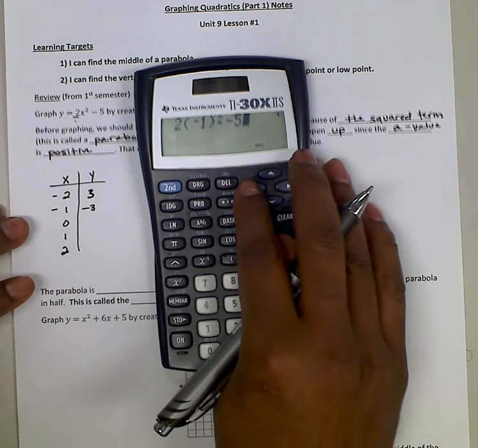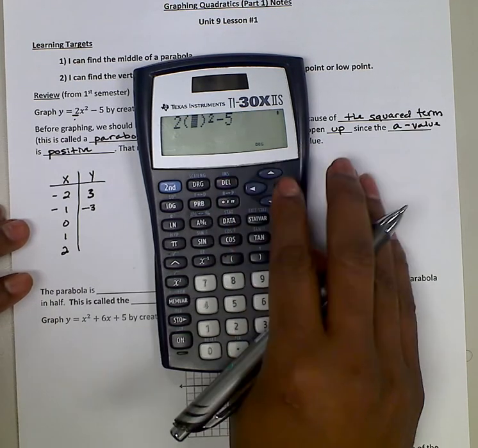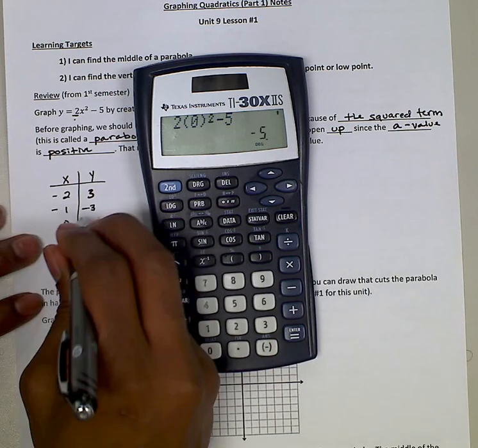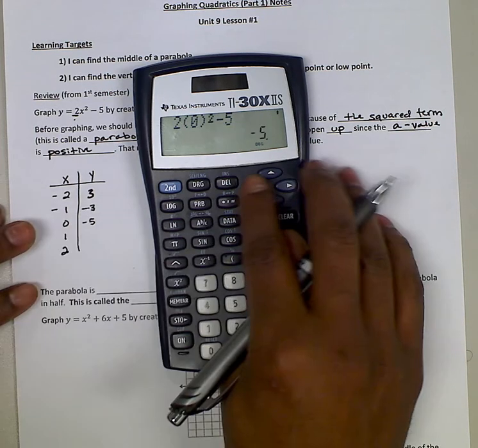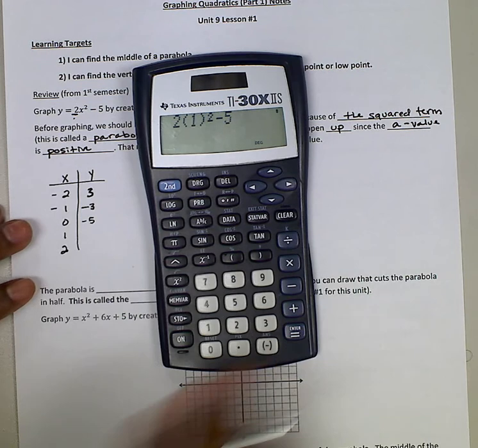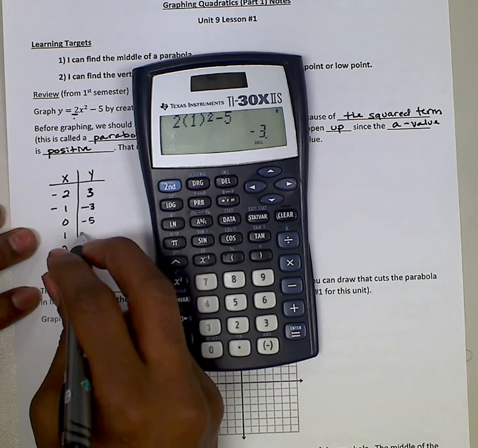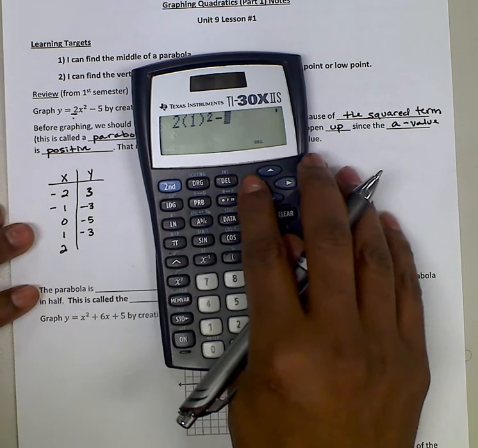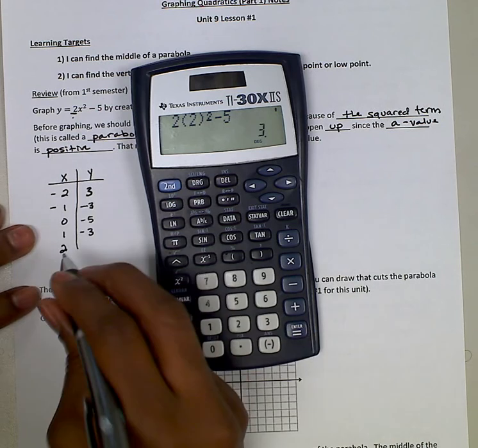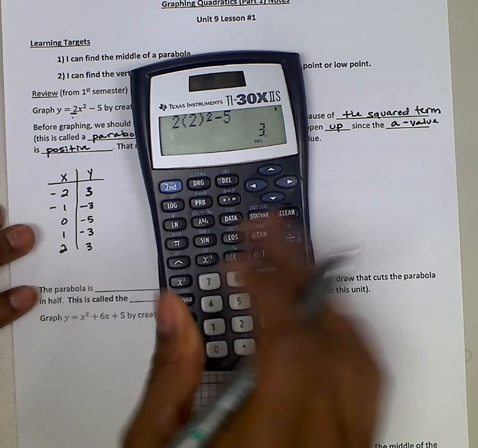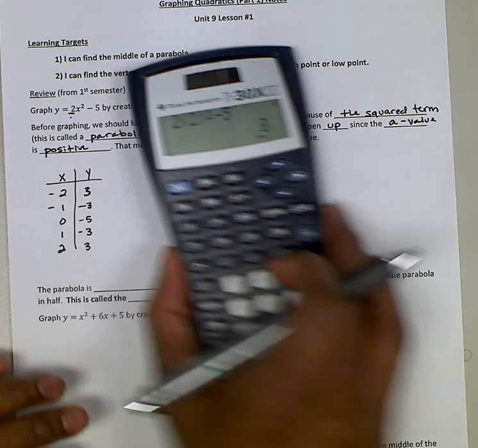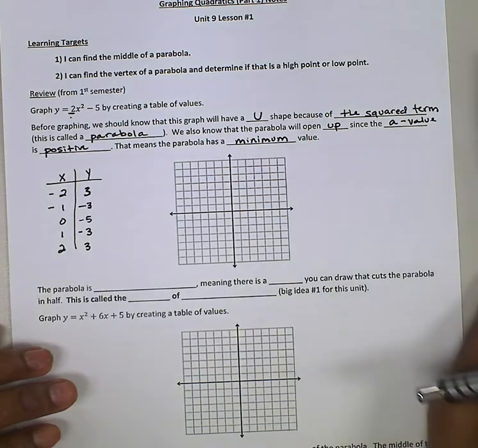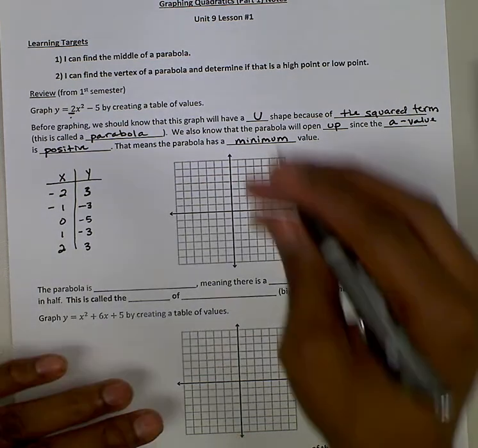Change it to 0, -5. Change it to 1, -3. Change it to 2, 3. So those values, you can use that calculator as I've done.